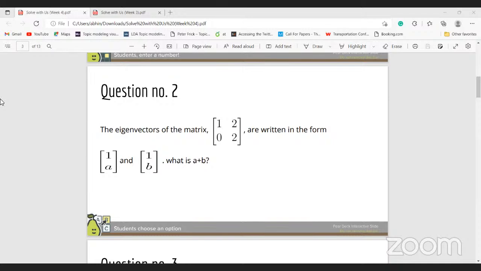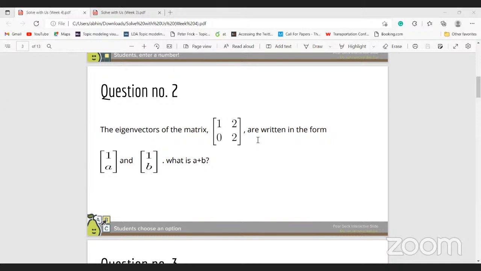Ax equal to lambda x is the eigen equation. A minus lambda I is the characteristic matrix, and the determinant of A minus lambda I equal to 0 is the characteristic equation. And Ax equal to lambda x is the basic definition of eigenvalues and eigenvectors.